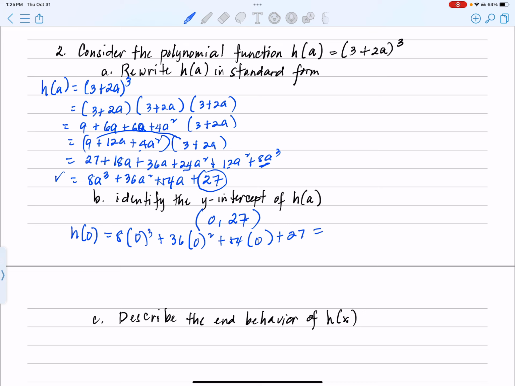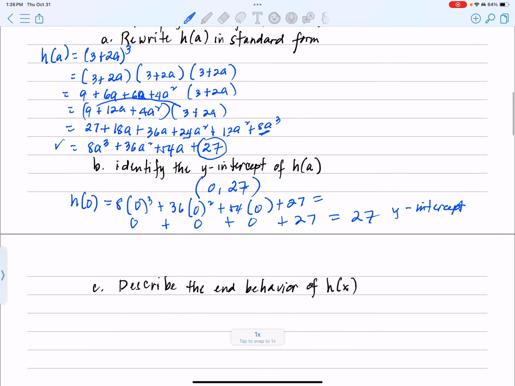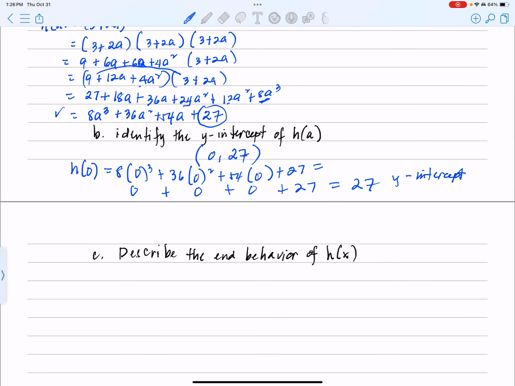So we have 0 plus 0 plus 0 plus 27. Our value is 27. And that is the y-intercept. So how do we find the y-intercept again? Making the variable value equal to 0 in the function, in the polynomial.